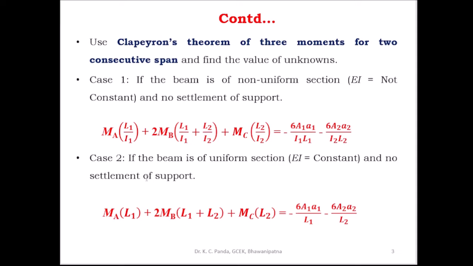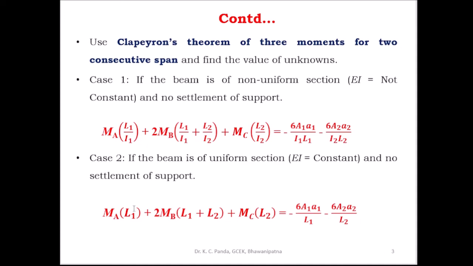So this is the Clapeyron theorem of three moments when the beam is of non-uniform section and no settlement of support. And if the beam is of uniform section, that is EI is constant and no settlement of support, in that case the theorem reduces to MA L1 plus 2MB times L1 plus L2 plus MC L2 is equal to minus 6 capital A1 small a1 by L1 minus 6 capital A2 small a2 by L2.